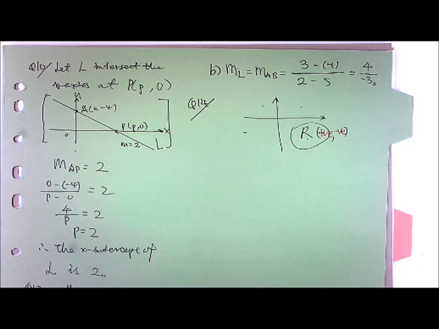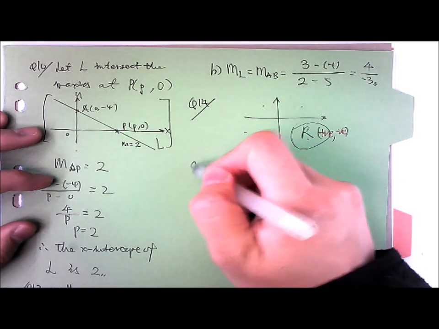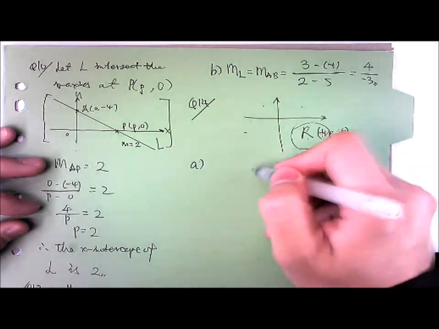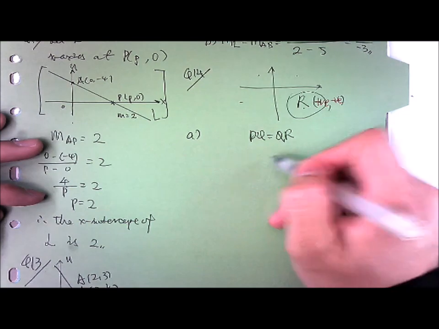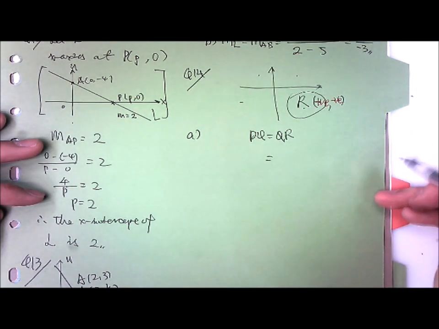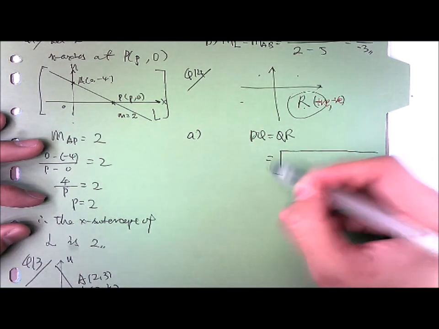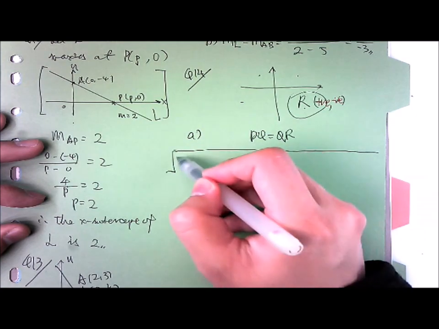So part A, we have to find out the value of k. So what you can use, you use PQ equal to QR, because this is for their distance, right?